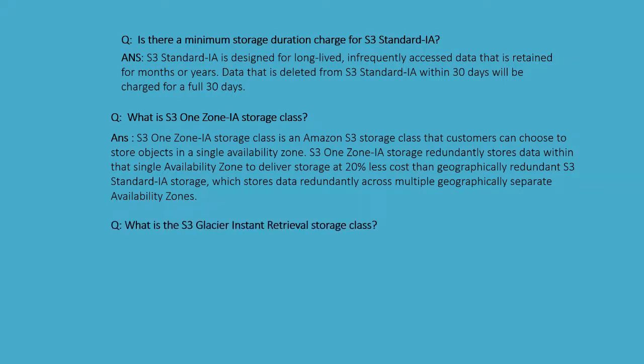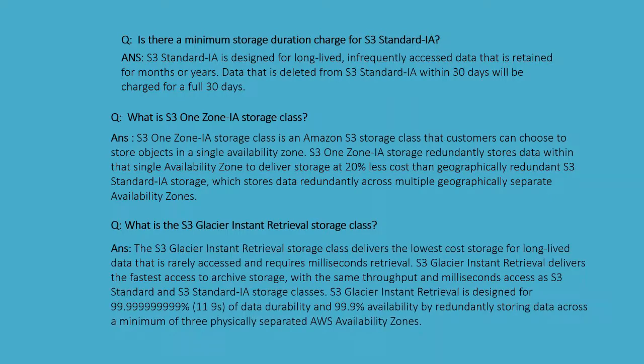What is the S3 Glacier Instant Retrieval storage class? The S3 Glacier Instant Retrieval storage class delivers low-cost storage for long-lived data that is rarely accessed and requires millisecond retrievals.